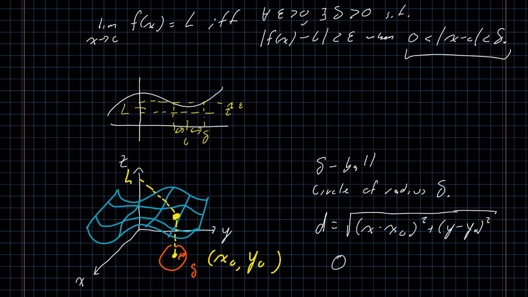And we want that distance to fall somewhere between 0 and delta. And as long as that happens, we are inside of this delta ball. Everything else will stay exactly the same in our definition. We're just going to replace that one line, and I guess we'll replace where we're taking the limit. Everything else stays the same.